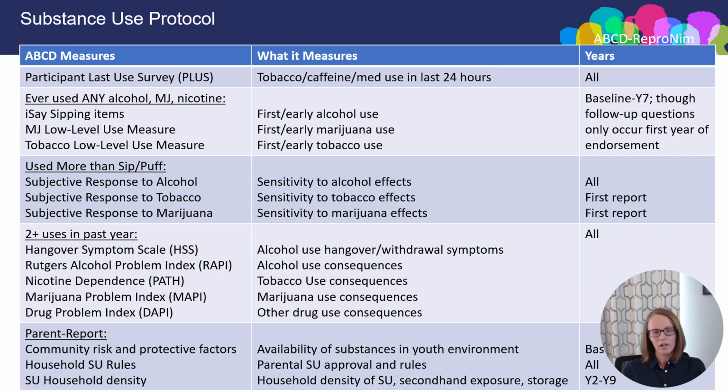So if you were really interested in cognition or neuroimaging and you're concerned about what they have used in the past 24 hours, you need to make sure that you are matching up the date for the plus form of the visit that they completed that protocol element, such as neuroimaging, with the day that you're grabbing the plus form from, so that you can make sure you're controlling for what you want.